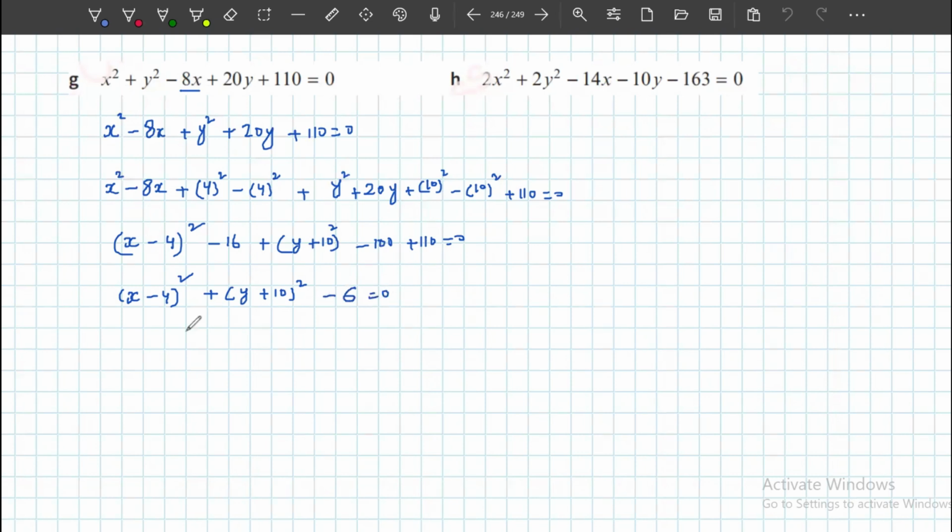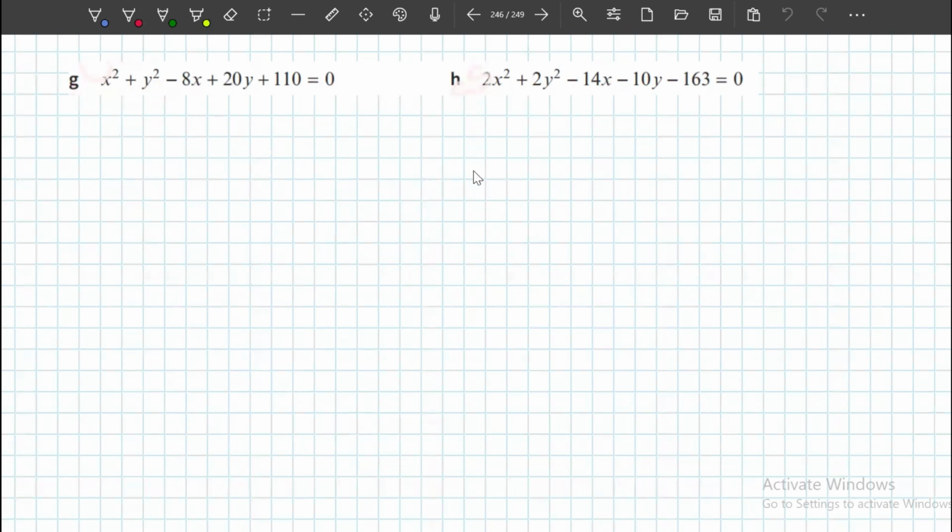And take the 6 to the other side. So (x minus 4) whole squared plus (y plus 10) whole squared equals 6. Now we can easily write what is the center. So the center of this equation of circle is (4, -10), and the radius r squared is equal to 6. We need to know only r, so take square root on the right side. I hope it is clear.